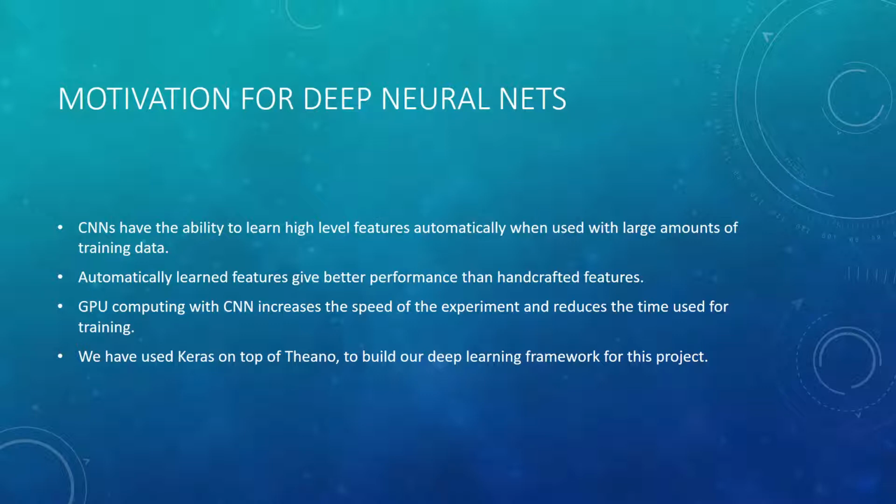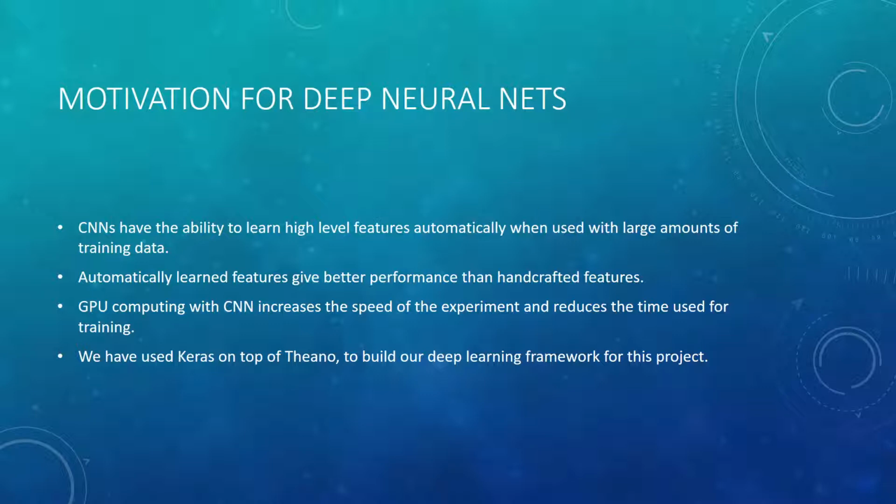Also, with the availability of powerful computing resources and GPUs, we can highly parallelize the training and testing of these deep neural networks, which speeds up the whole experiment and gives faster results.